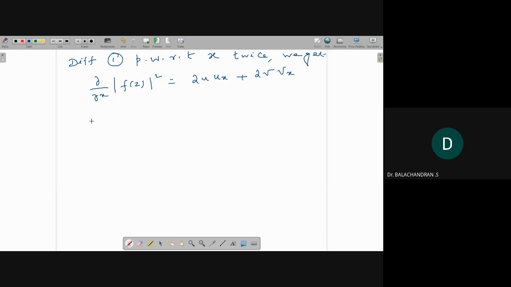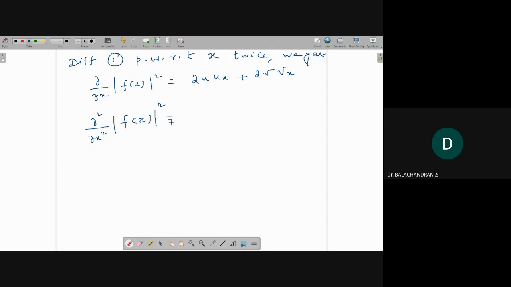If I differentiate second time, dou square by dou x square of modulus of f of z whole square is equal to, now we should apply the UV method.